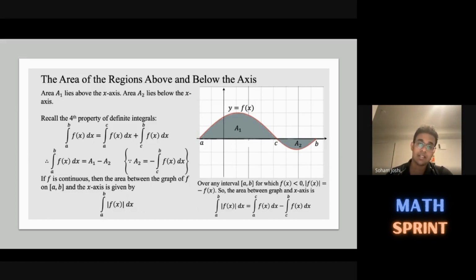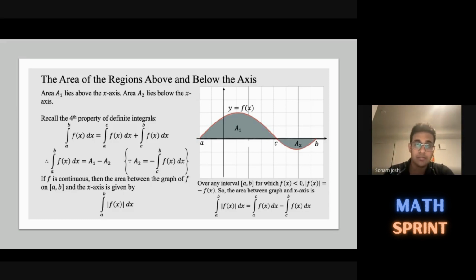Remember the fourth property of definite integrals, which I told you about. I have shown this property at the top of this slide, where essentially the definite integral of f of x over the interval a comma b is equal to the sum of the definite integrals over the intervals a comma c and c comma b.